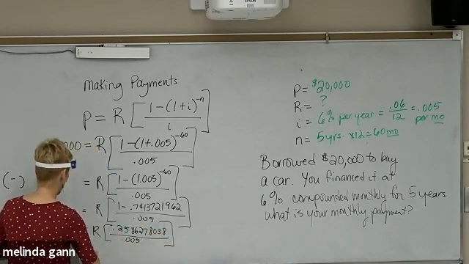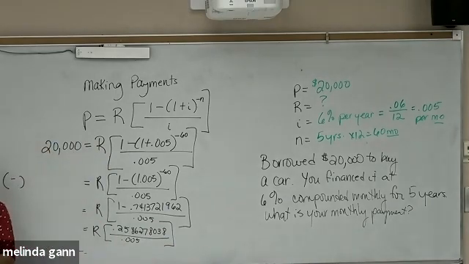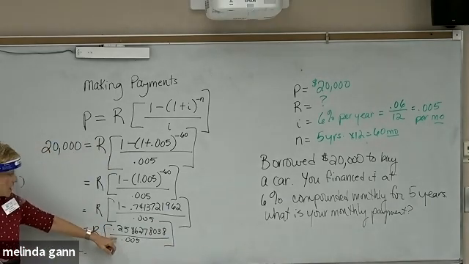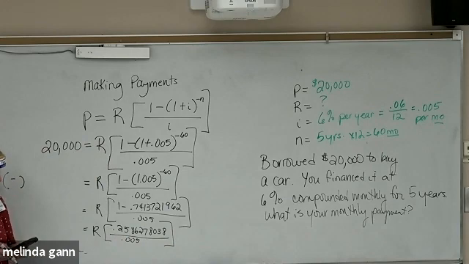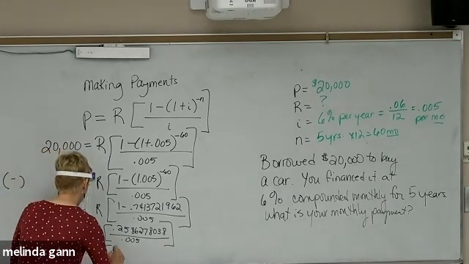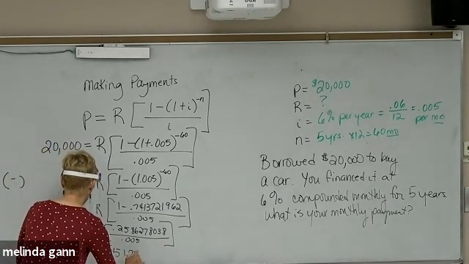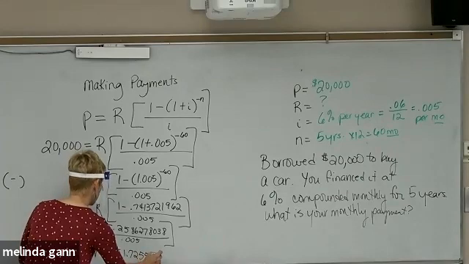So all I'm doing is just following my order of operations. Now I've got to take that number and divide by 0.005. And when I did, I got 51.72556.